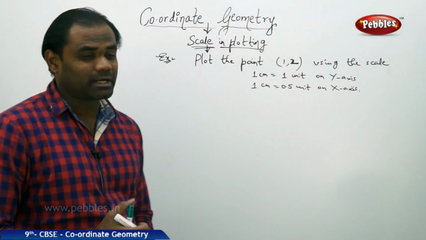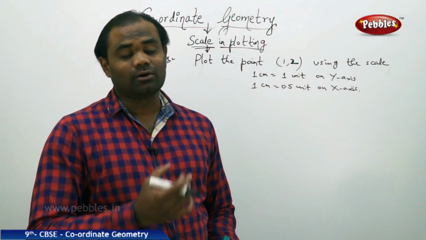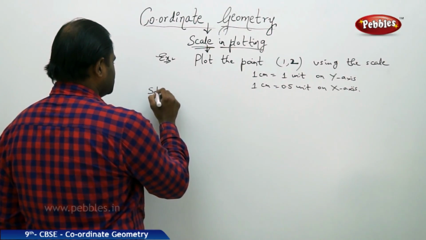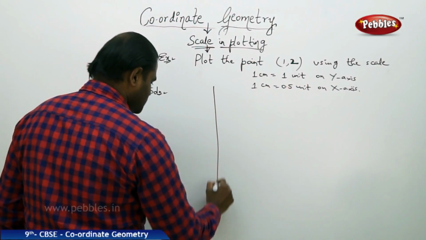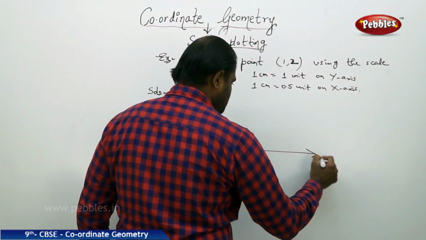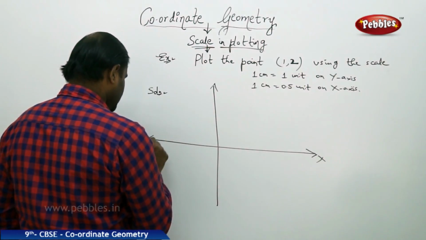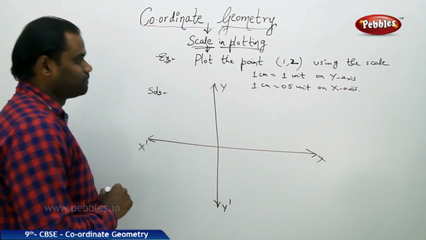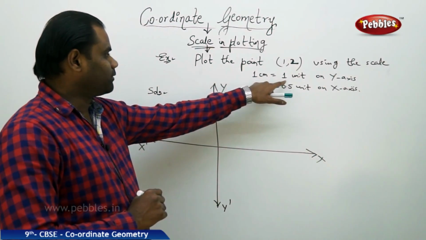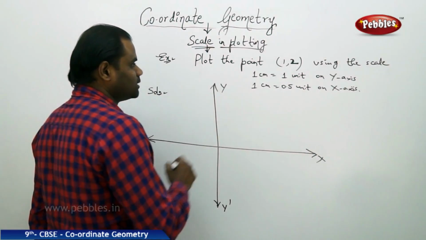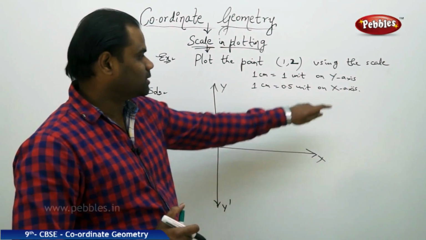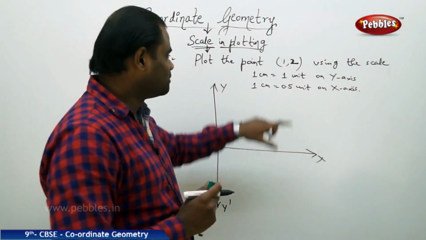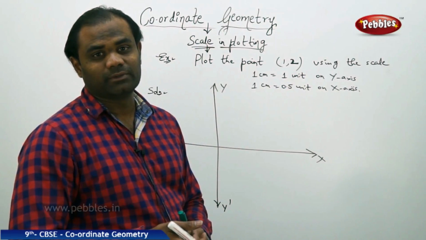So let's see how we understand the scale concept practically on the graph sheet. Now that I have the point, let me take the xy coordinate system, X dash, Y dash. Now here my point refers to 1 centimeter is 1 unit on y-axis. Initially I start with x-axis, which says that every 1 centimeter of the grid on the graph sheet must be taken as 0.5 units.